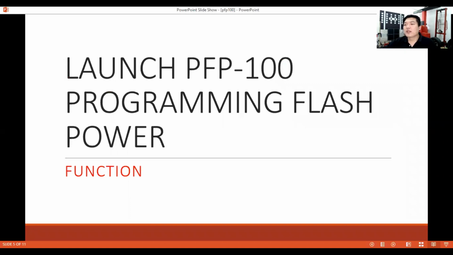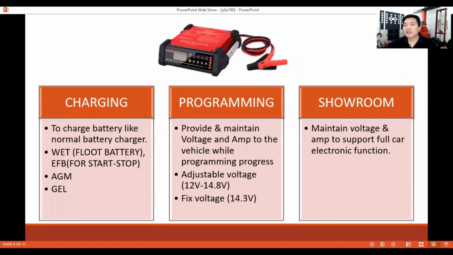So what is the purpose of this programming flash power? I will show you the functions. It has three functions. One is charging. You can use this PFP-100 as a normal charger. It can charge float batteries, EFB, AGM and gel.